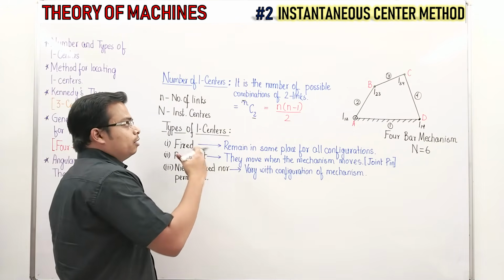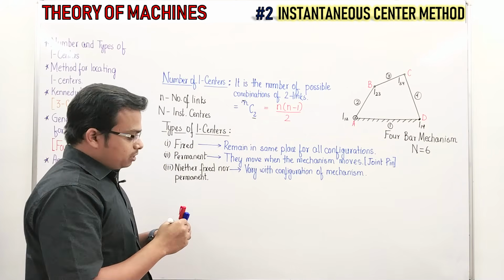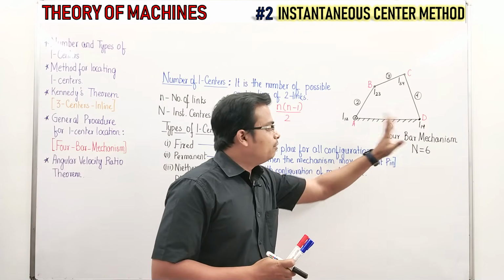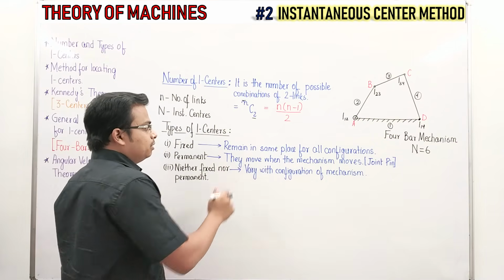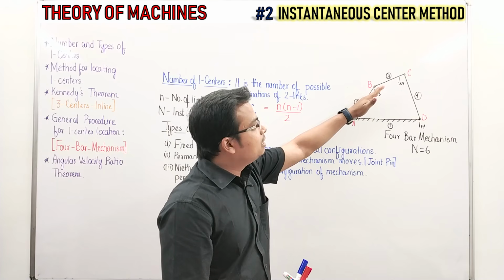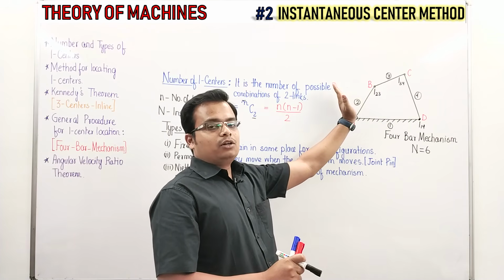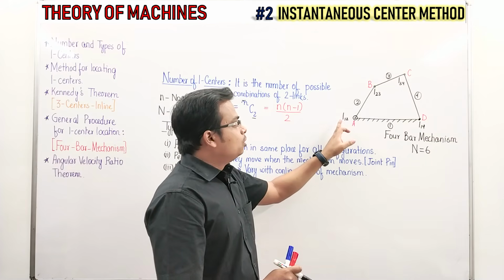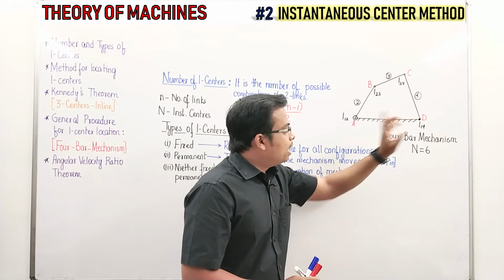I'll talk in detail about that in the guidelines which I'll give you in this article, the general procedure. So which of the instantaneous centers are fixed? If you take a careful look, I12 and I14 will remain in the same place for all configurations. It does not matter where this link goes, in the anti-clockwise or clockwise direction. It makes no difference to I12 and I14.